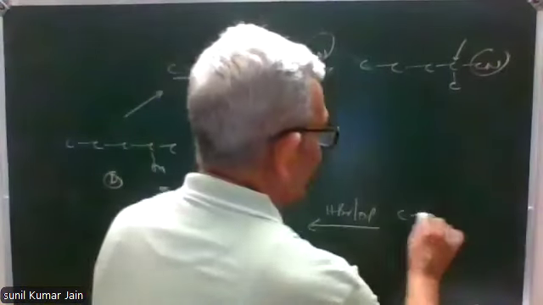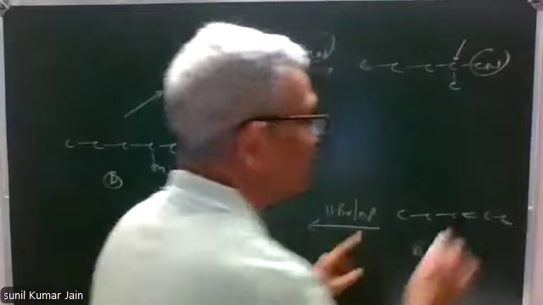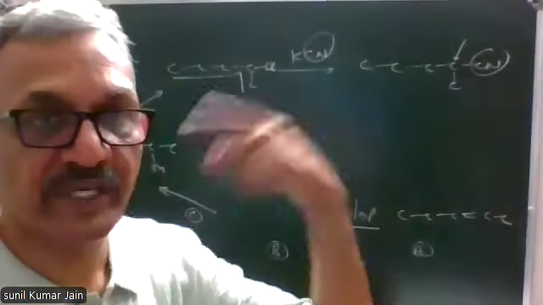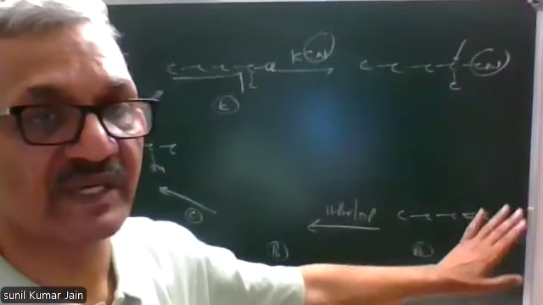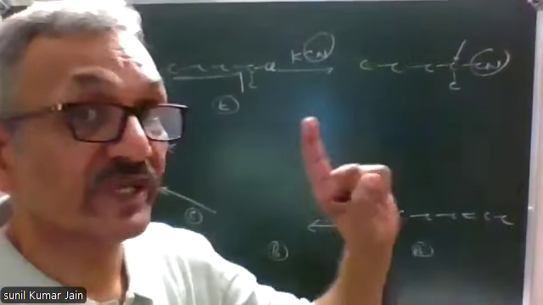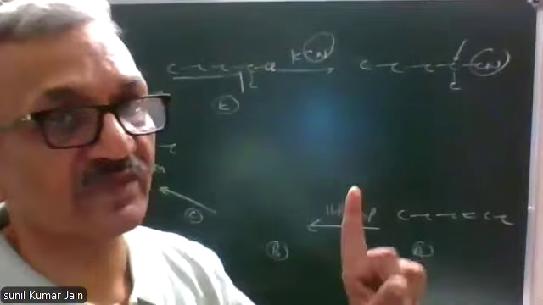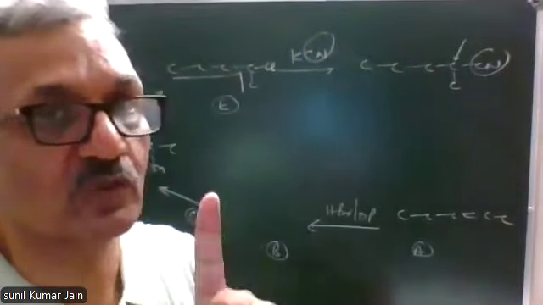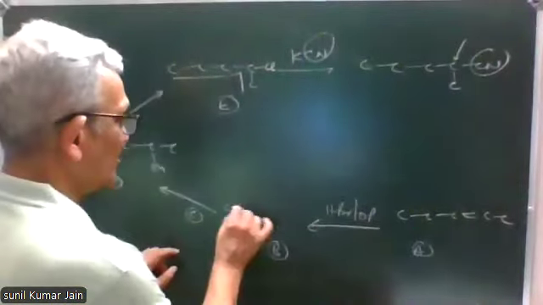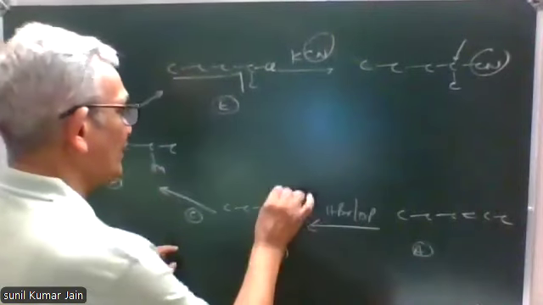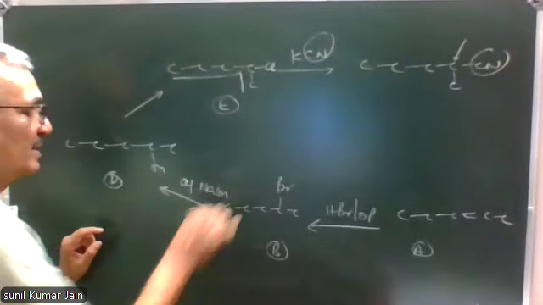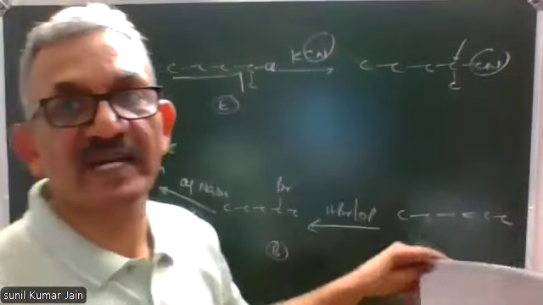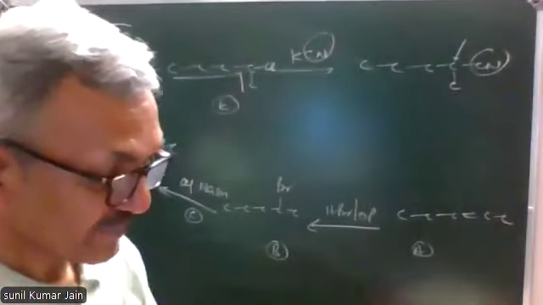For that, A should be 2-pentene. Think in terms of anti-Markovnikov addition. 2-pentene with HBr and peroxide will give 2-bromo. If you take 1-pentene, product will be 1-bromopentane, which we do not want. This will be 2-bromopentane. And this is aqueous NaOH. That is, nucleophilic substitution reaction takes place.